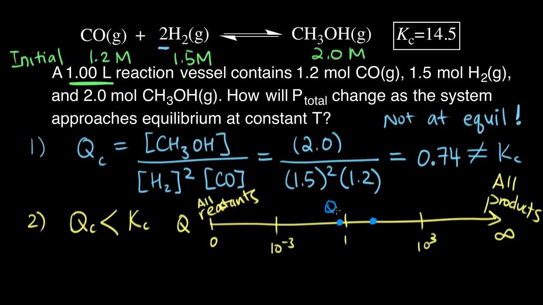This is our Q, and this is our K. We can see that Q is less than K, and so in order to reach equilibrium, our concentrations are going to shift to the right to get Q closer to K, which means the reaction is going to shift to favor making more products.